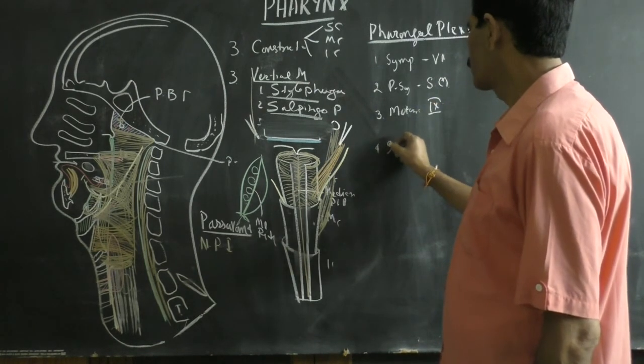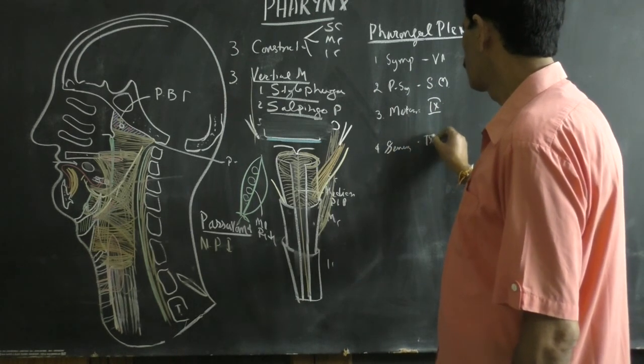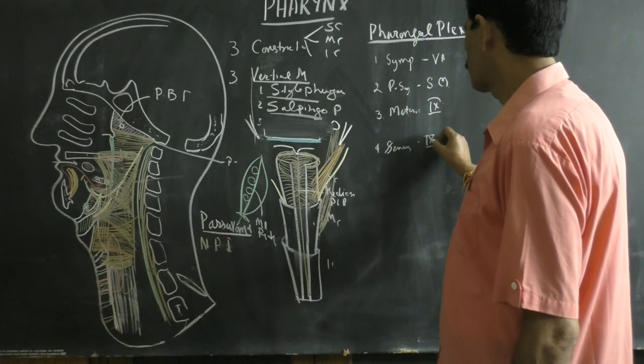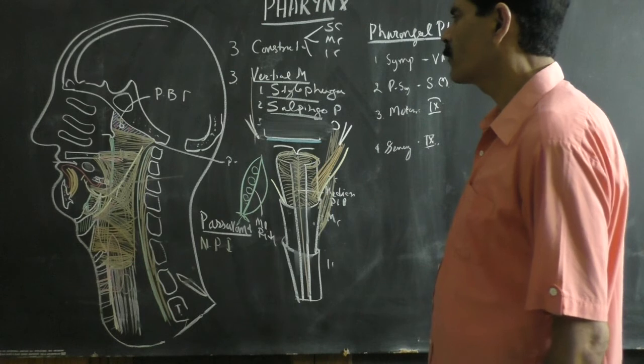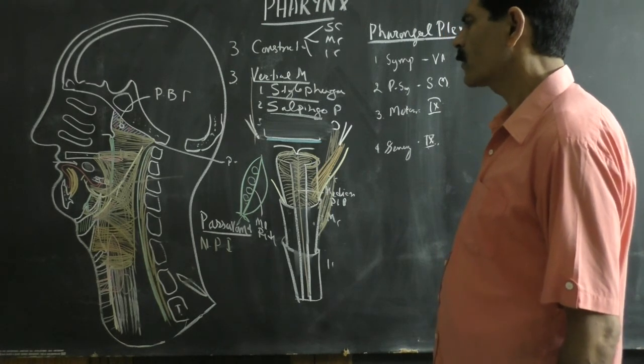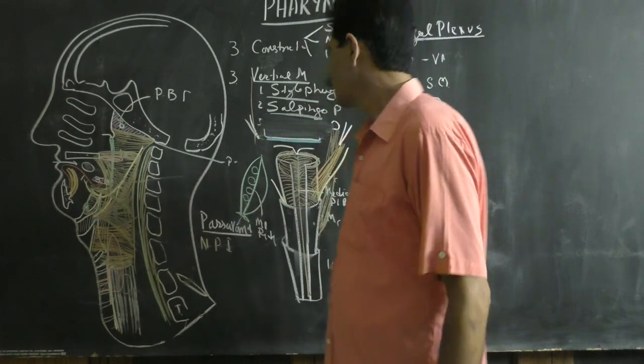Then the sensory fibers are also coming from the glossopharyngeal nerve. So this is how the plexus of these nerves forms on the outer surface of the middle constrictor muscle.